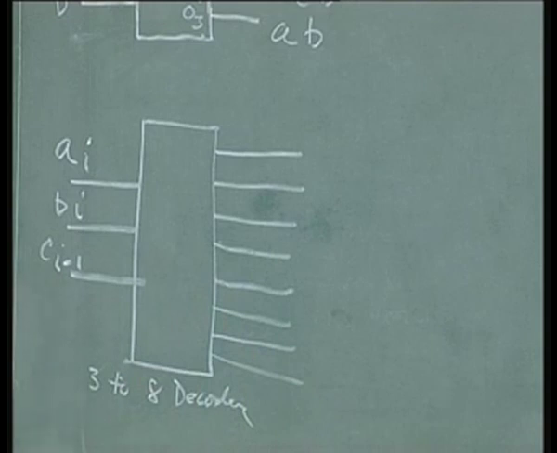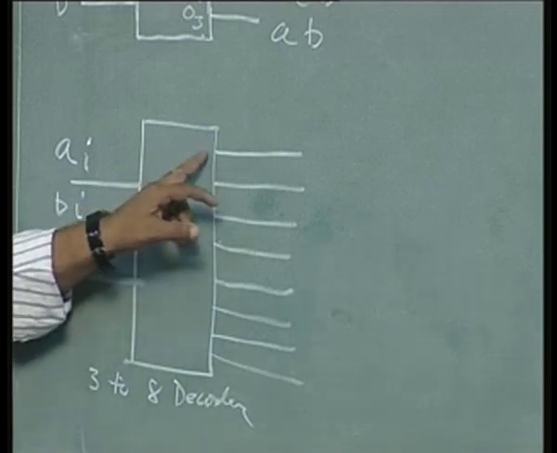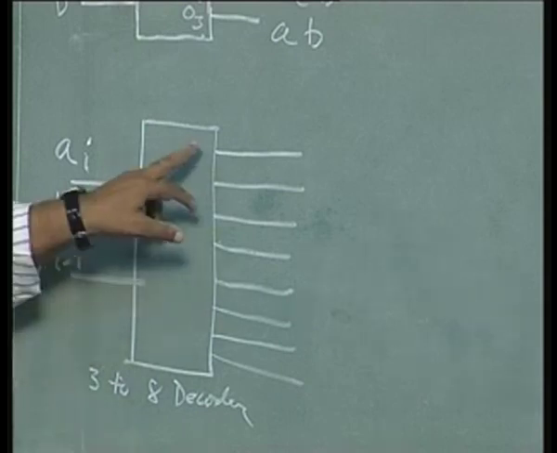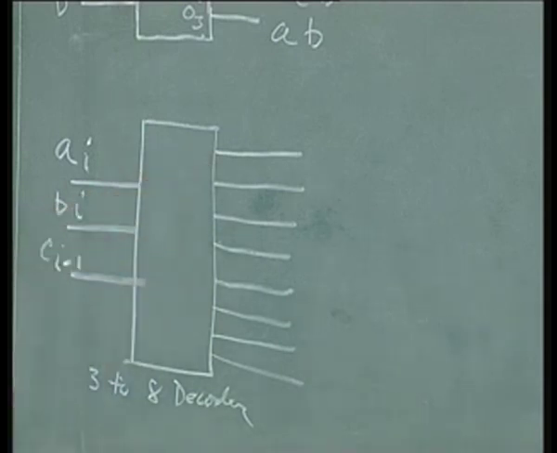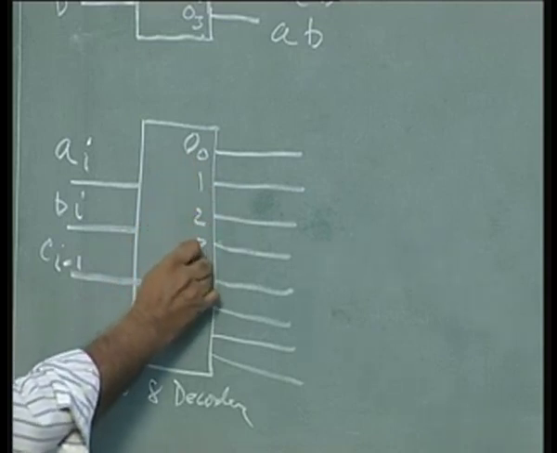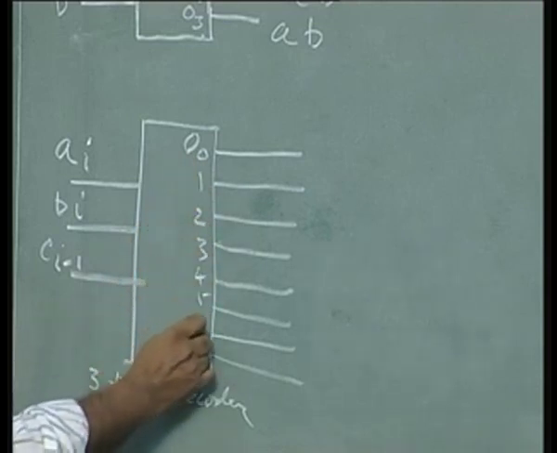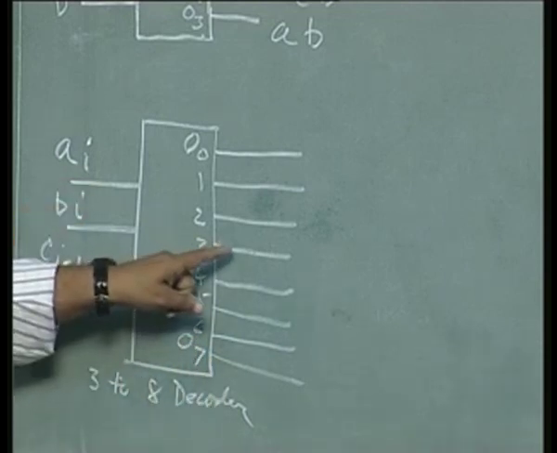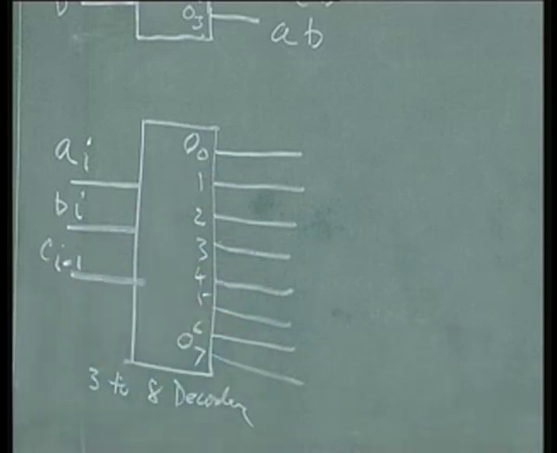Now, this is a simpler design than the multiplexer based design. We know that this decoder gives you outputs corresponding to the combination of the inputs. If all the inputs are 0, you will have an output high. I will call these O0, 1, 2, 3, 4, 5, 6, 7. Whichever is the combination of the input, the corresponding output will be high and the rest of the outputs are low.